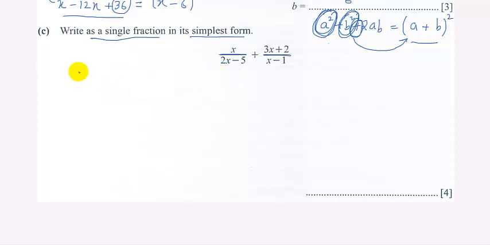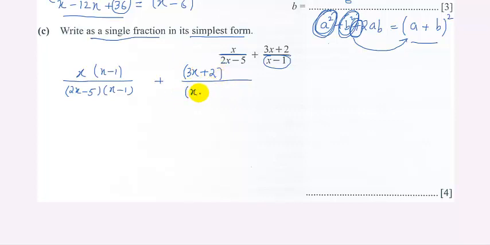So what we do here, this is the first fraction, with 2x minus 5. So what I will do, I will multiply with this in the denominator as well as in the numerator. Okay students, now the second one, plus here in the second fraction we have 3x, use the brackets, and in the denominator we have x minus 5.